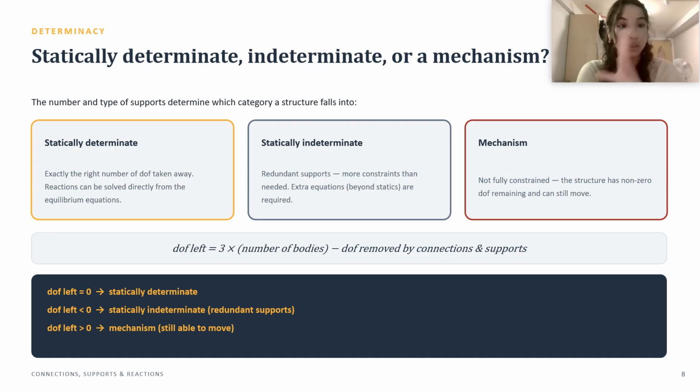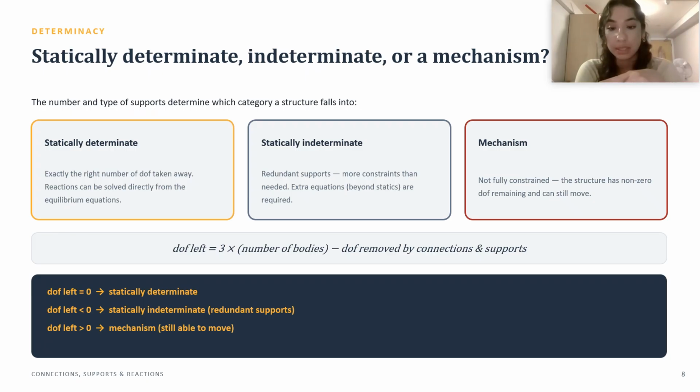After you take away all the degrees of freedom from the supports and connections, if it's 0, then it's statically determinate. Statically indeterminate is when the degrees of freedom left is less than 0, so it's negative. And if the degrees of freedom is more than 0, then it's a mechanism, so it is still able to move.